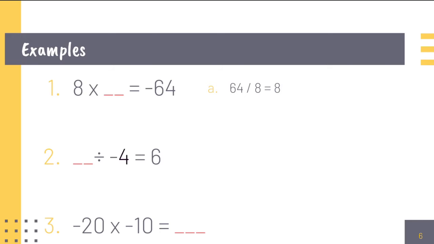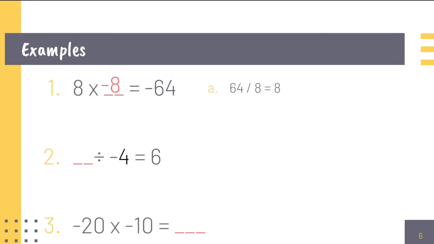Ignoring the signs, 64 divided by 8 gives us 8. Now we determine whether this 8 will be positive or negative. Well, our product is negative, so that means opposite signs were multiplied. So since the given factor we have is a positive number, our final answer would have to be negative. So negative 8.